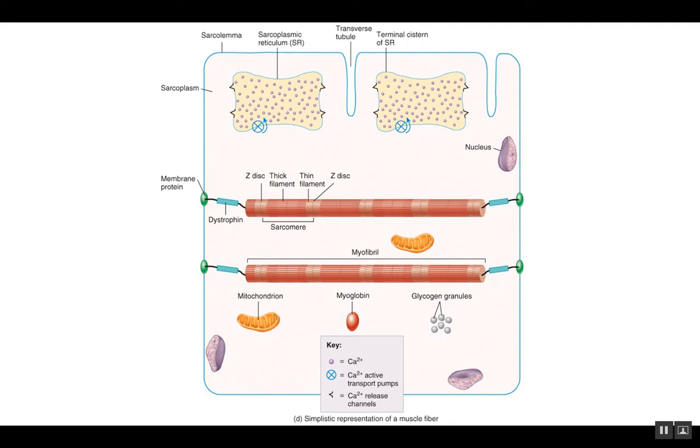Then a big requirement is ATP. So there's a number of structures in here used to generate large amounts of ATP, like the mitochondrion, the myoglobin, which is going to supply the oxygen for cellular respiration, and the glycogen granules or glycogen molecules that will supply the glucose for energy production. And as long as you have enough energy, these sarcomeres will contract.